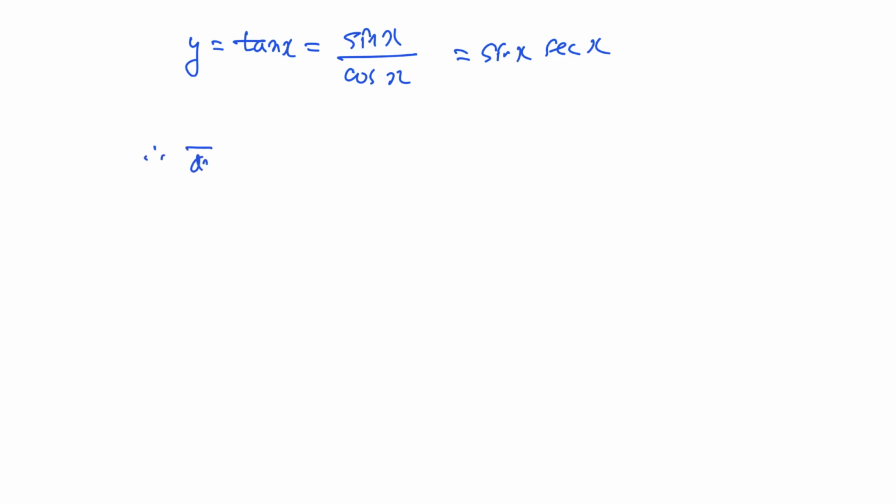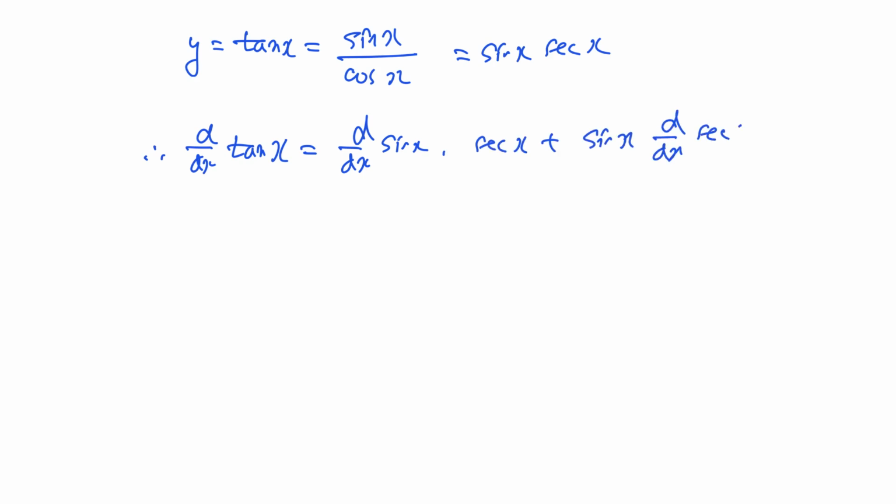Therefore, d/dx of tangent x is d/dx of sine x times secant x plus sine x times d/dx of secant x. d/dx of sine is cosine x times secant x plus sine x times tangent x secant x, right?